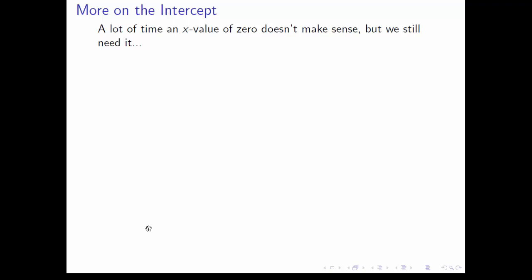One question might be, since you can't make sense of that intercept, why not get rid of it altogether? The answer is that it doesn't function primarily as the place where the line crosses the axis. In fact, the intercept is just setting the level of the line up and down.